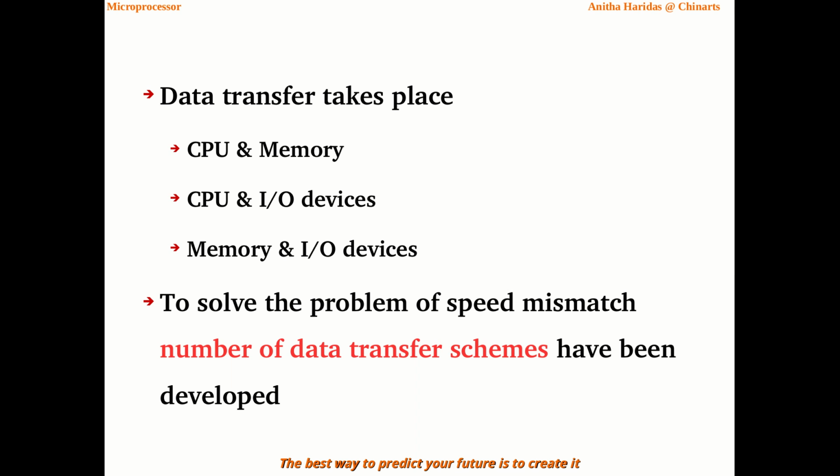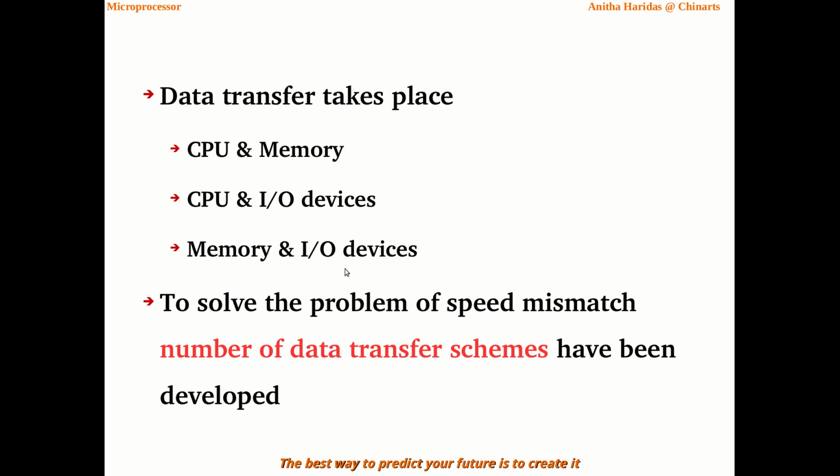In the fifth module of microprocessor course, we are currently discussing the three different data transfer schemes. We have seen data transfer takes place between CPU and memory, CPU and input-output devices, memory and input-output devices.